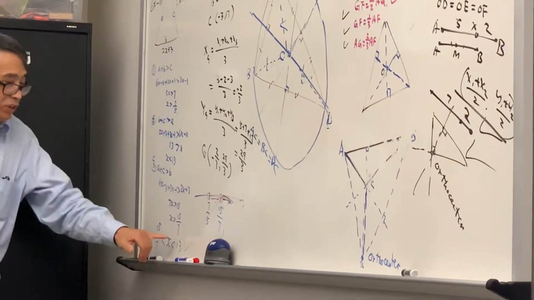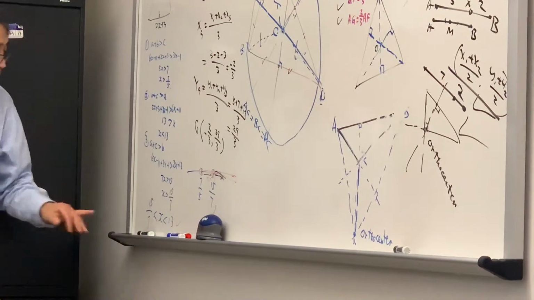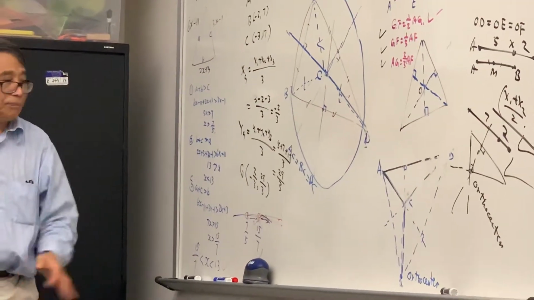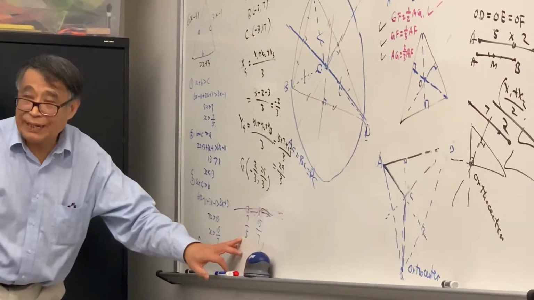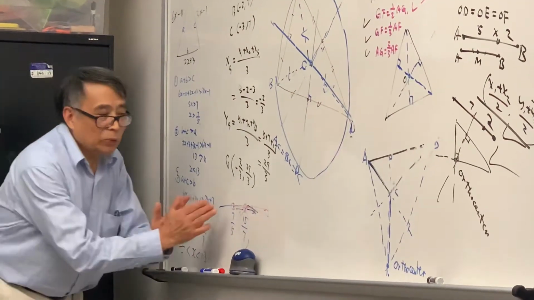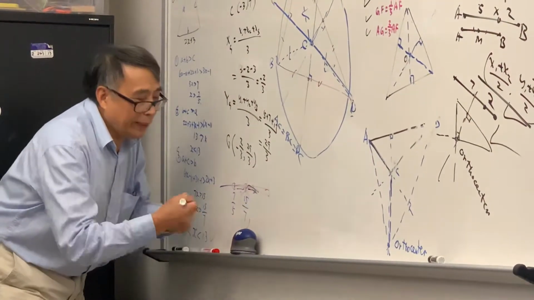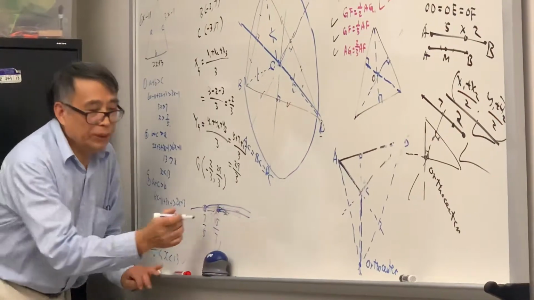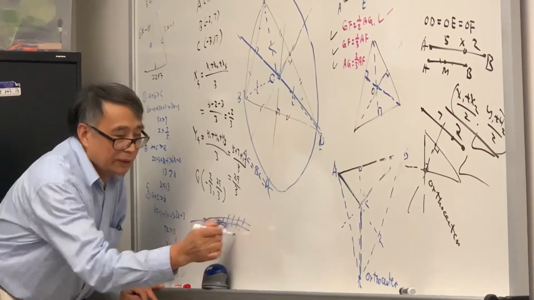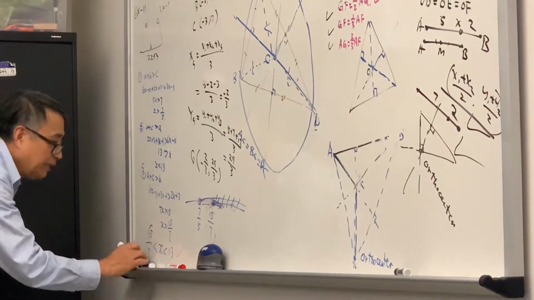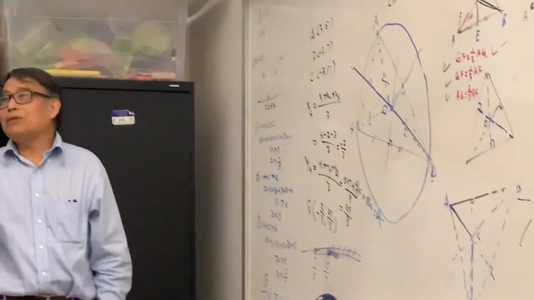Now, x is less than 13, good. 7 over 5 is less. 15 over 7 is 2 point something, 1 point something. Greater than, so go this way, and this goes this way. We need to check the overlapped part. So you choose 15 over 7, not 7 over 5.